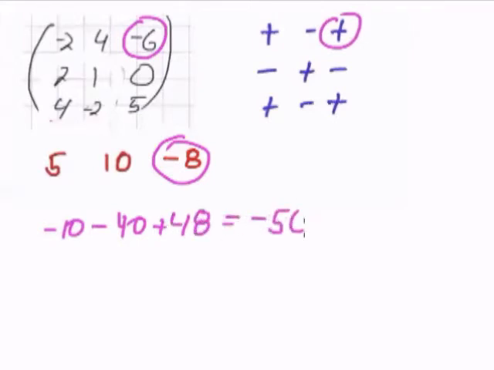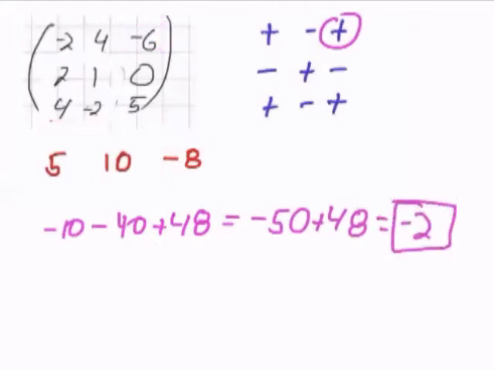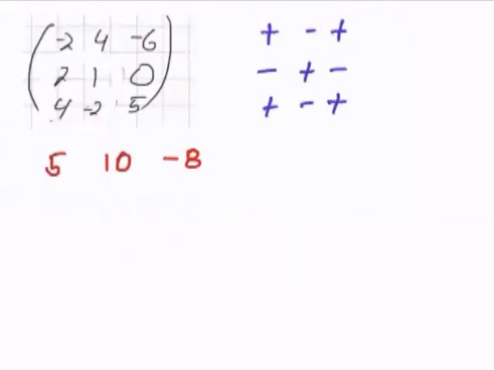Adding these together, I get negative 50 plus 48, which is negative 2. And this matches what we got on the calculator, so that's a good sign. I'm going to move that aside and try a different column for expanding our determinant.